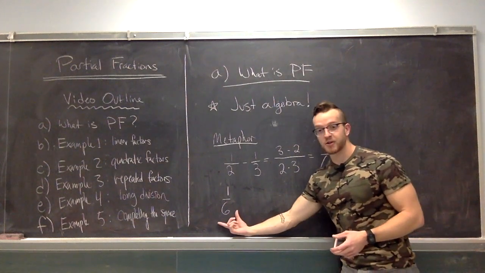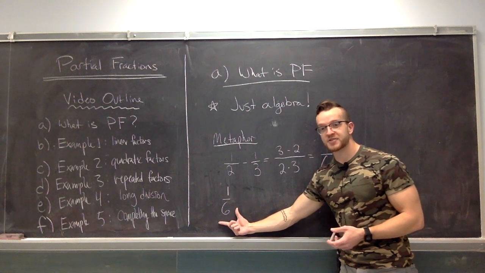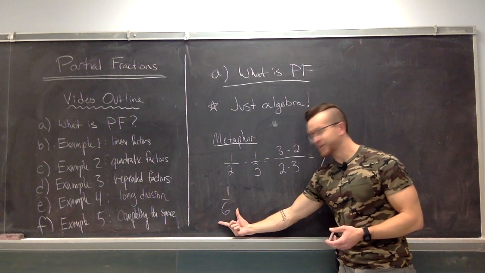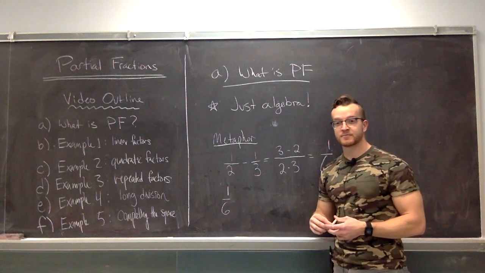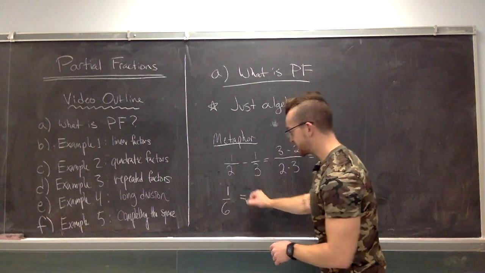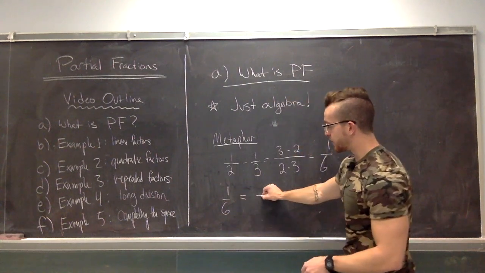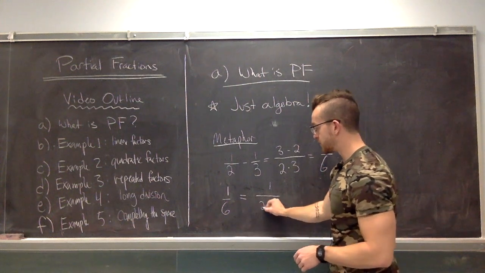This is really scary to me. I don't know what's going on. If only I could take this really scary looking fraction and break it up into simpler fractions. What would you do? Well, you'd probably say, I have my scary looking fraction. I know I can factor the bottom, like 2 times 3.